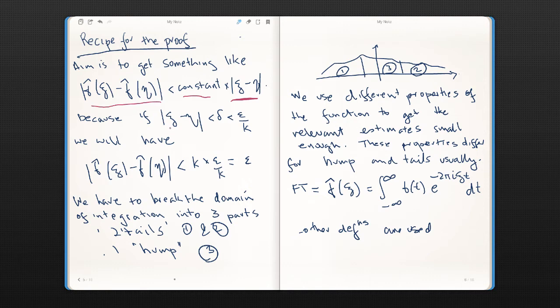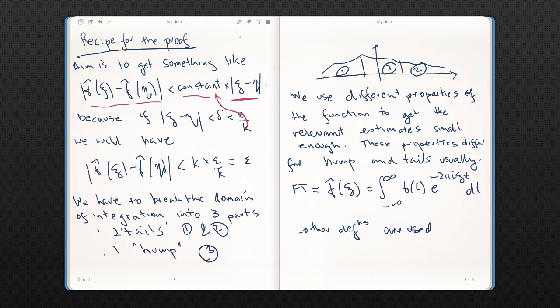If we can make this xi minus eta less than delta, which is epsilon on this constant k, where k is this constant up here, then what we'll have is that this difference is less than k times epsilon on k, which is epsilon. And that's what we wanted to achieve. So that's where you try to go.